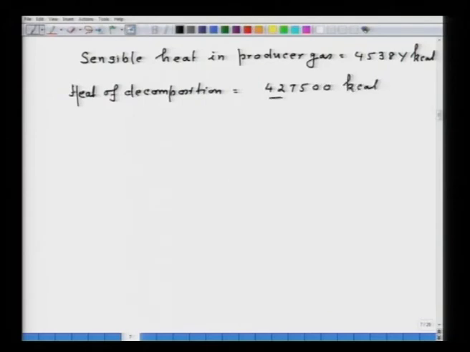Mind you, this is an endothermic reaction, this is not exothermic. Now, heat carried or taken by calcium oxide, because it is discharged at 1200 Kelvin, is equal to 108,000 kilocalorie.